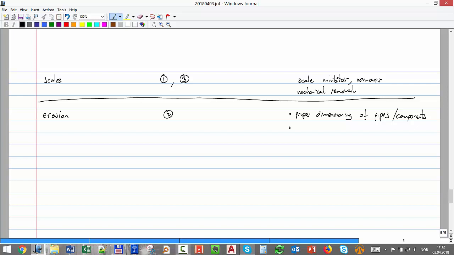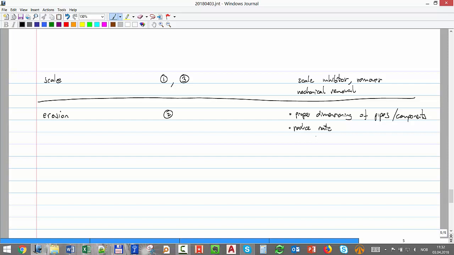And if the system is already installed, already in place, what is the only other way to deal with erosion? Either change somehow the geometry if you're having it through a choke or something, or reduce the rate. And that's very problematic, okay? Because if I have too much erosion, and I cannot change pipe, I cannot change anything, the only way is to reduce the rate, and that I don't like, okay?